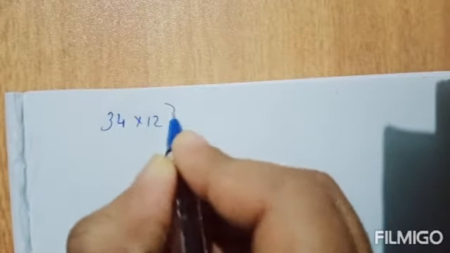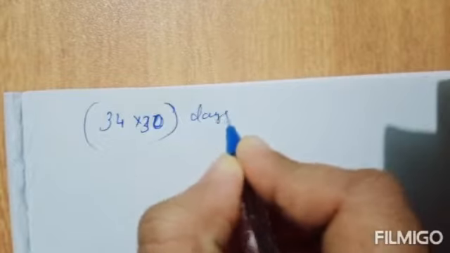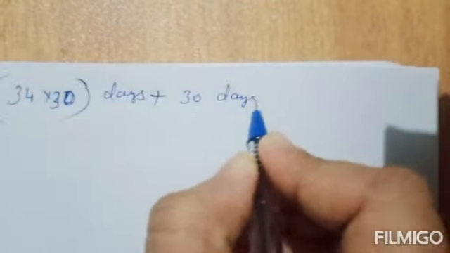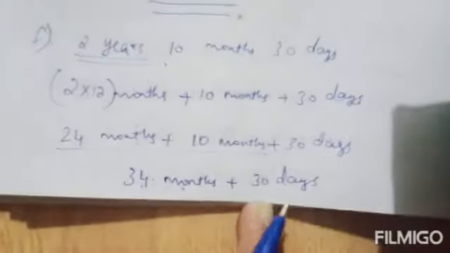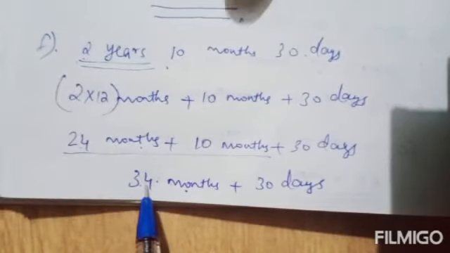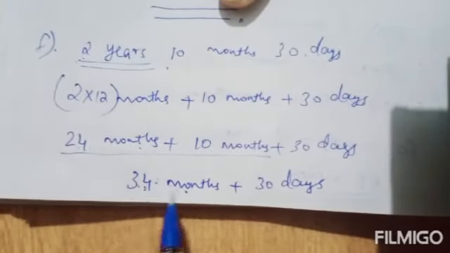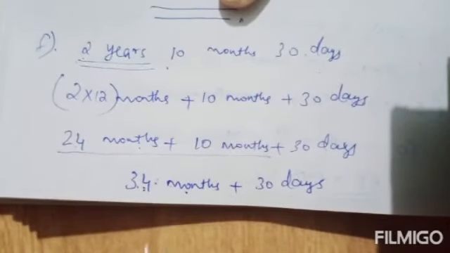So 34 into 30 days plus the given 30 days. Here 34 months we are converting to days, multiplying by 30.